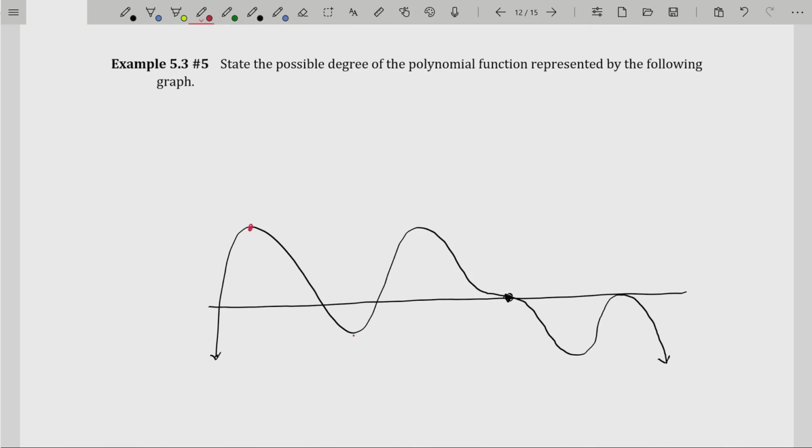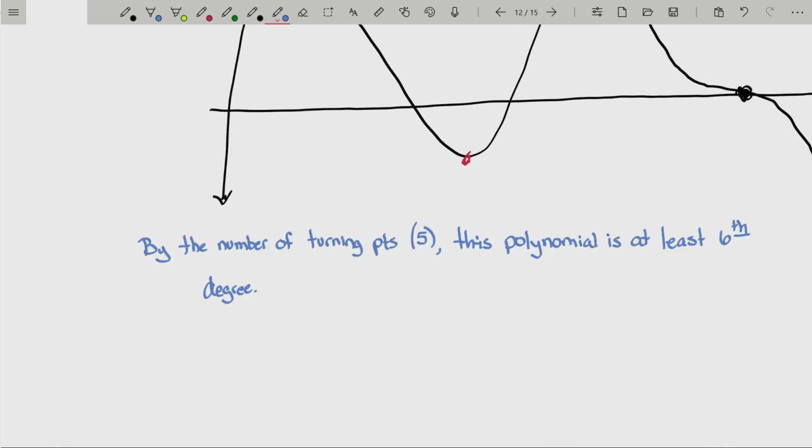There's 1, 2, 3, 4, and 5 turning points. That means that this polynomial, if you only looked at the turning points, would have to be at least 6th degree. So I'm going to zoom in and just state that. So by the number of turning points, which is 5, this polynomial is at least of 6th degree.